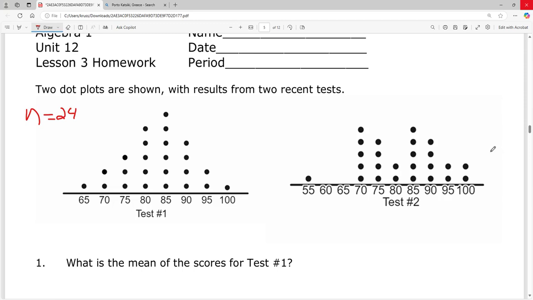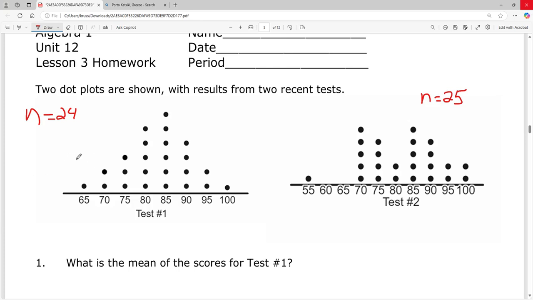And n over here is 25. N equals 25 for this one. All right, so that's the number of data points.